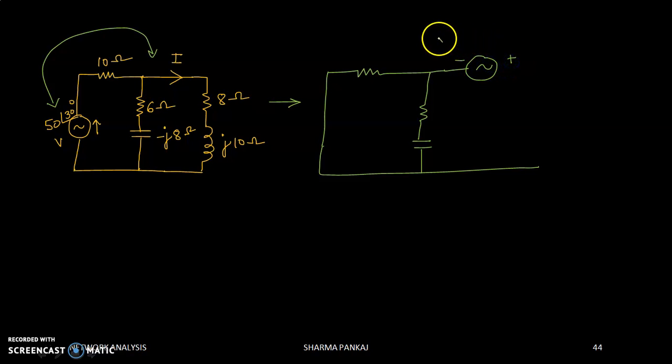This is your excitation, that is voltage source V, the value remains same, 50 angle 30 degree volt.